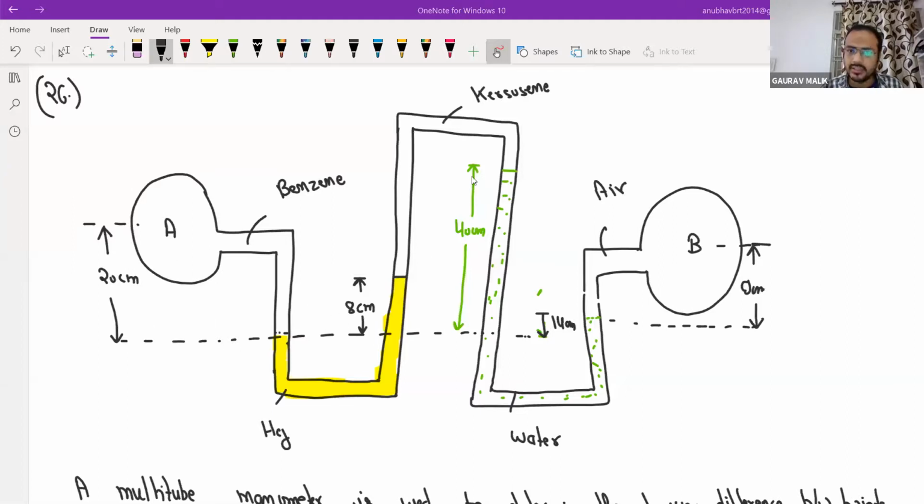This is 8 centimeter. This is 40 centimeter. This is 14 centimeter. It is 14 centimeter. Right? And it is 9 centimeter. I hope all the readings are clear: 20, 8, 40, 14, and 9 centimeter. Benzene, mercury, kerosene, water, and air. Akshat, now it is clear. Very good.